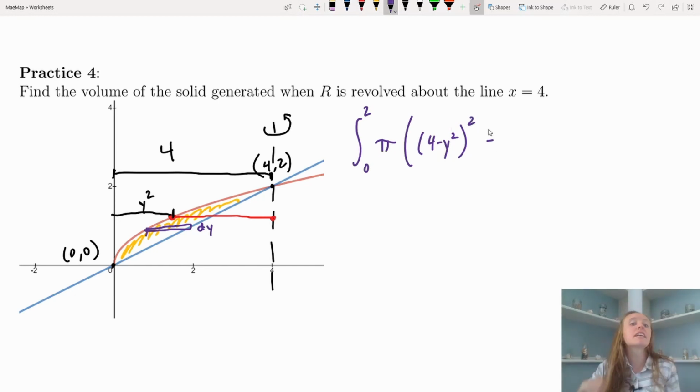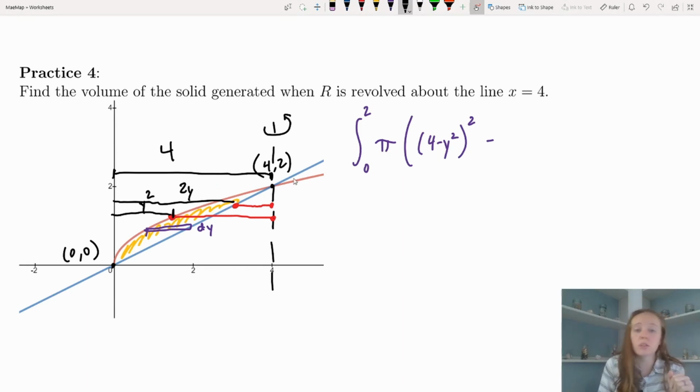Now my inner radius, the same concept. I know that total length is 4. My inner radius goes from that line x equals 4 to the blue line, which was x over 2, but in terms of y was 2y. So I know my distance to that point is 2y.